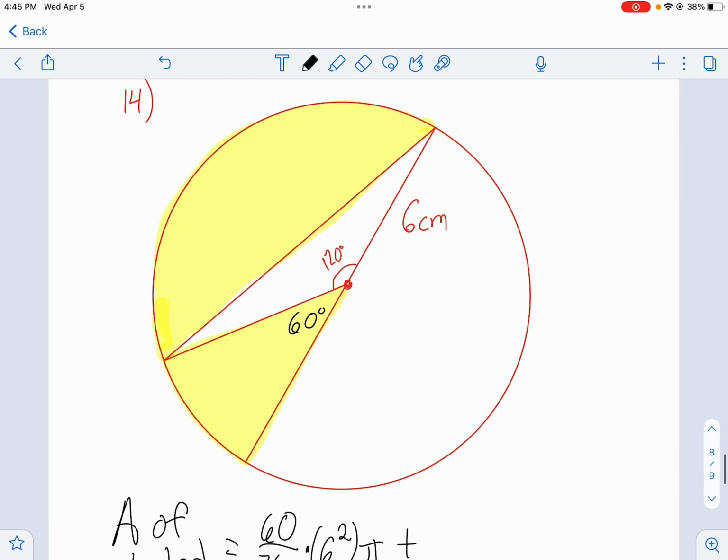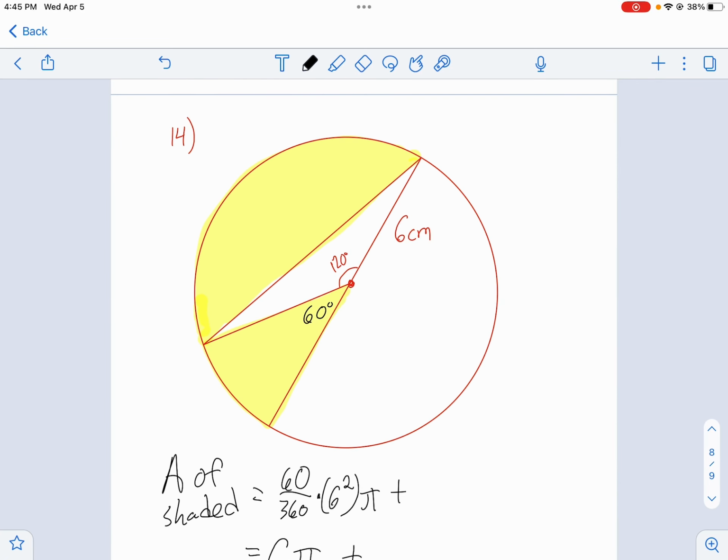So the area of this whole sector is 120 over 360 times 6 squared pi. So that would be like a third. So 36 divided by 3 is 12 pi. So 12 pi is my area of the sector, minus, I need to find the area of this triangle right here.